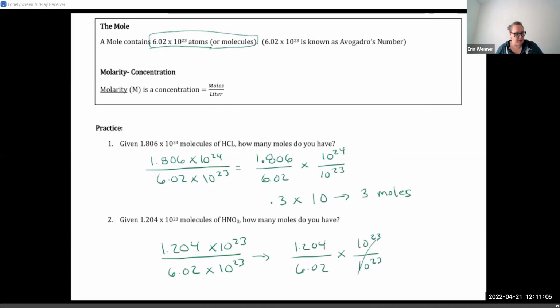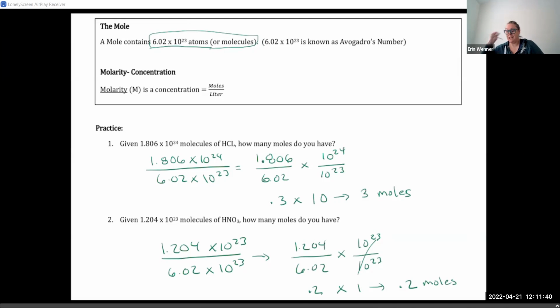So 1.204 divided by 6.02 gives us 0.2, and that would be 0.2 times 1, which is just 0.2 moles. Not M. You want to actually write mol, because M represents molarity. And so we're actually talking about moles. So we want to make sure we use the right notation.